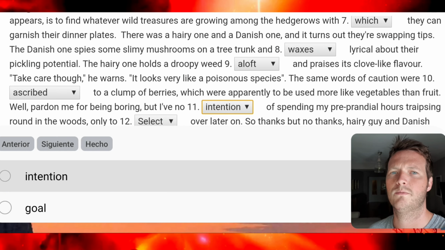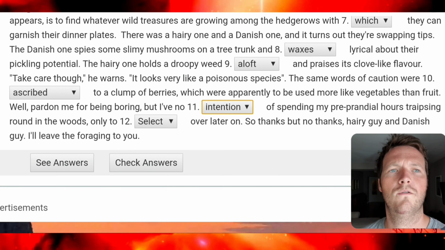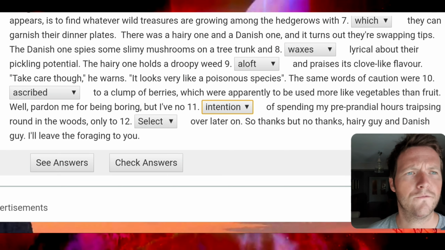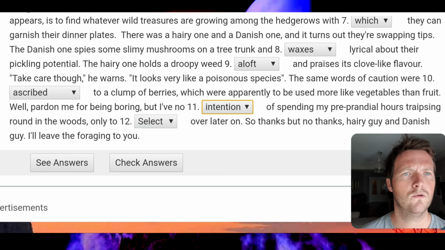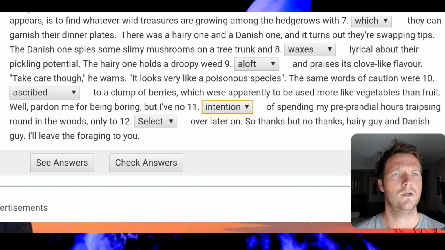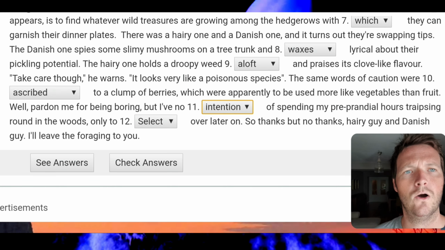Nah, the expression is, I've no intention of spending my prandial referring to food, meal times. I've no intention of spending my preprandial hours traipsing round in the woods, only to over later on.